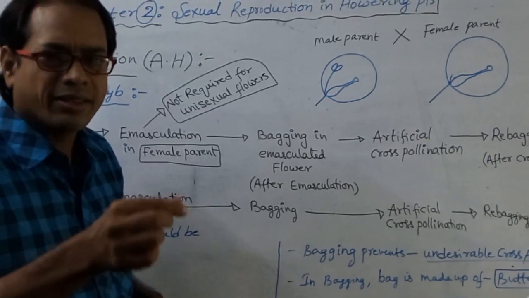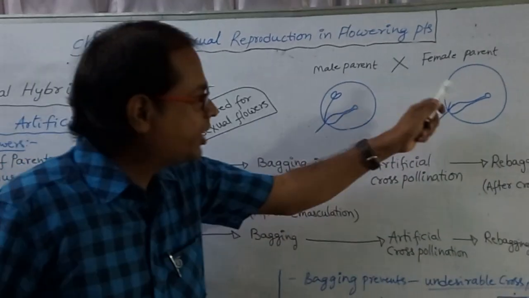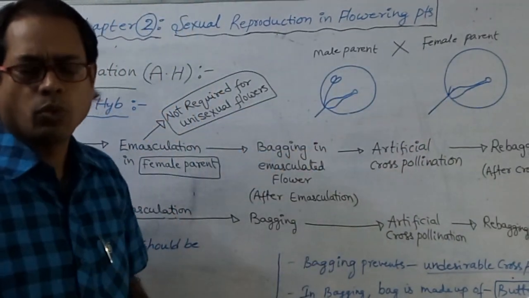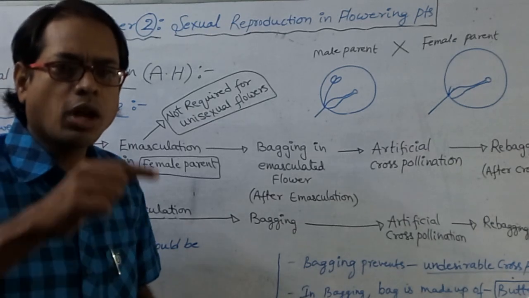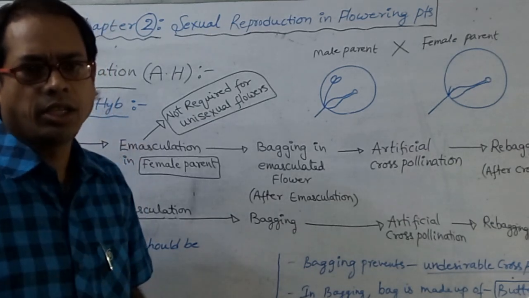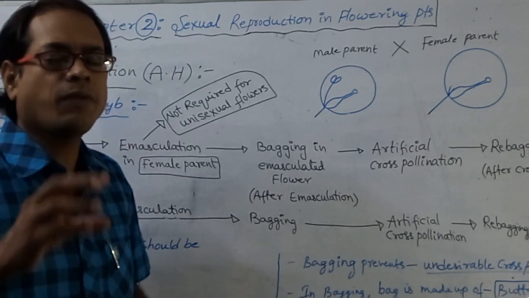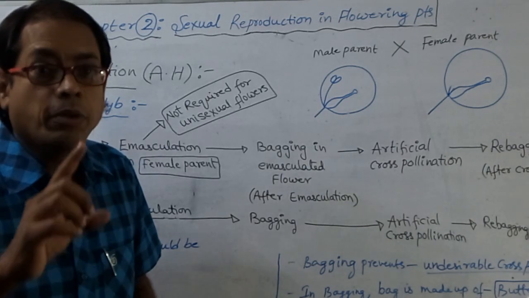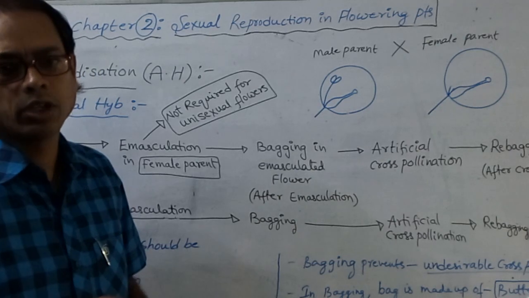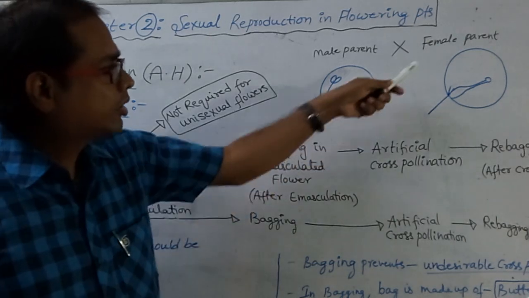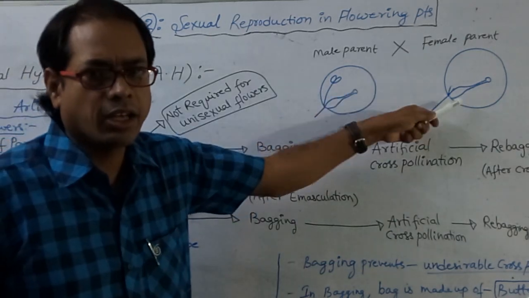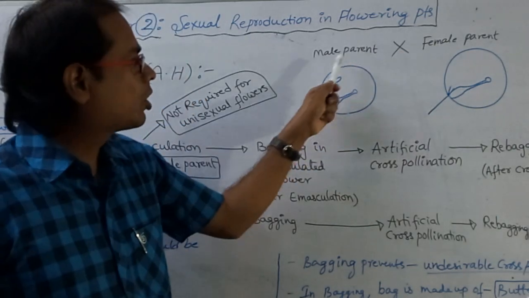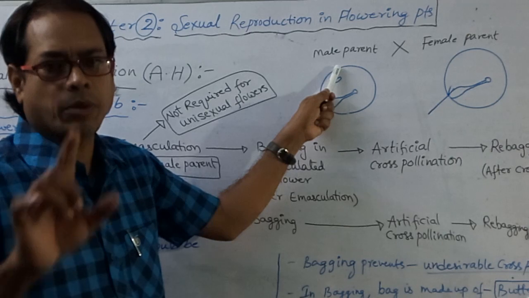Removal of anthers or stamens in the bisexual flower of the female parent is called emasculation. You have to do it in the female parent, not in the male parent. That point you have to remember.